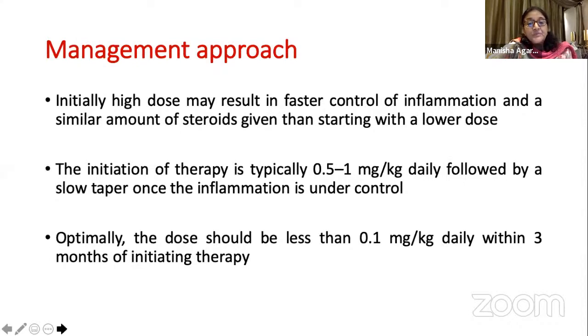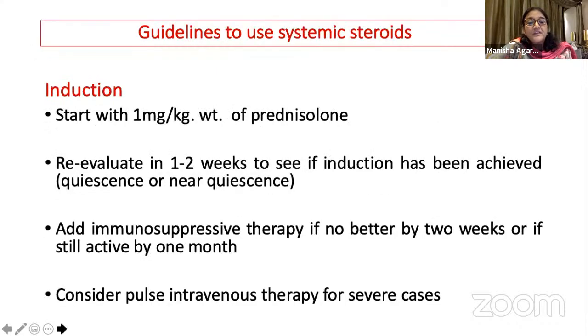Optimally, the dose should be less than 0.1 milligram per kg daily within 3 months of initiating the steroid therapy. As far as the induction is concerned, it usually starts with 1 mg per kg body weight of prednisolone. We need to reevaluate the patient in 1 to 2 weeks to see if the induction has been achieved, and add immunosuppressive therapy if the patient is not better in 2 weeks' time or the uveitis is still active on a follow-up at 1 month.